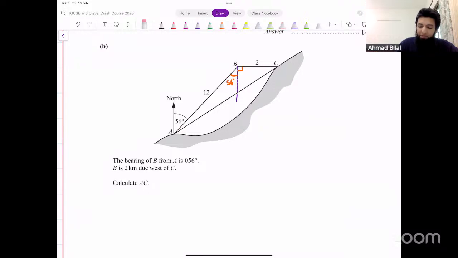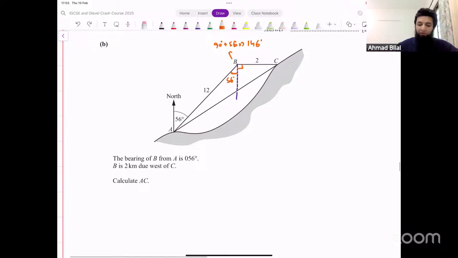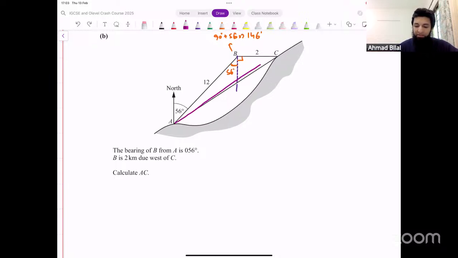So this complete angle at B turns out to be 90 plus 56, which is 146. That's the angle at this point here. All right. And what we have to do is find the side AC. That's what we're looking for.